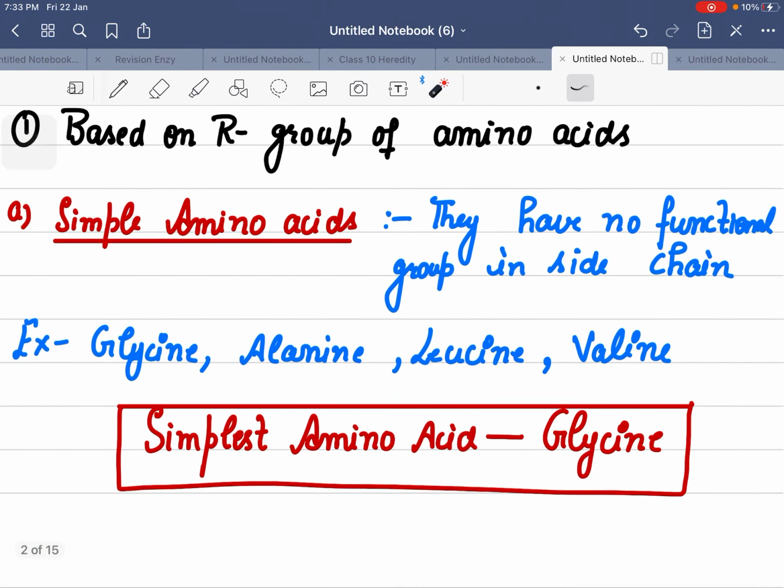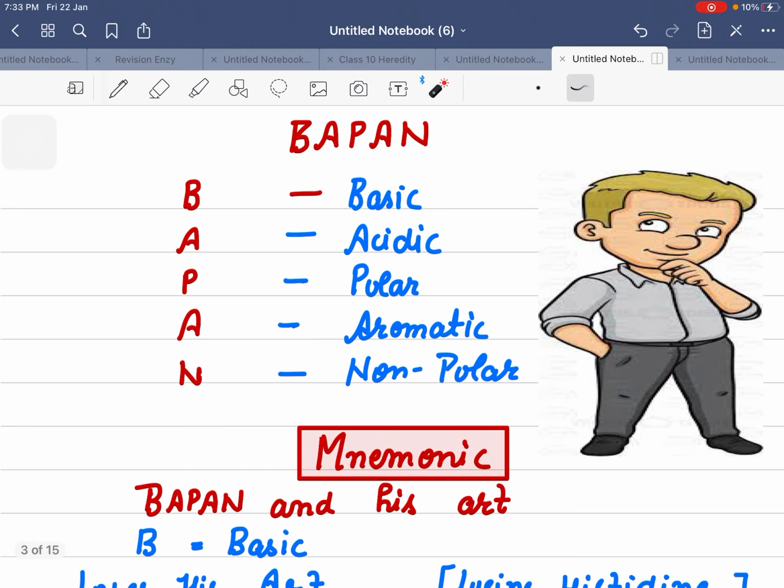Now, after the simplest amino acids, there are acidic amino acids, basic amino acids, a few are polar, a few are non-polar, a few are aromatic. How am I going to remember that? That question comes to mind. So first, you need to understand this word, Bapan.